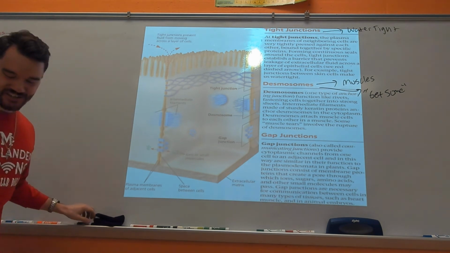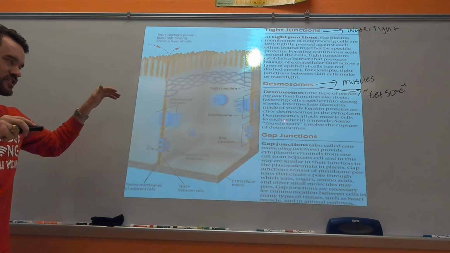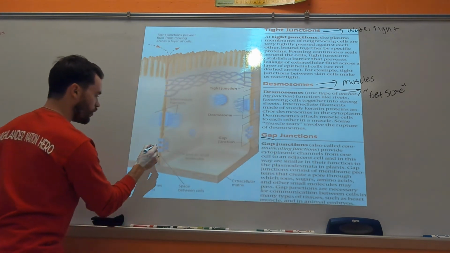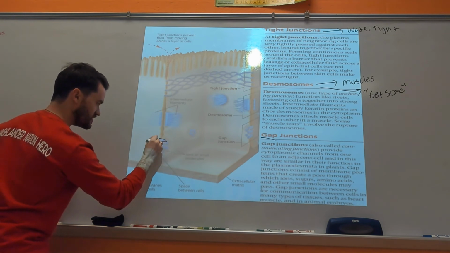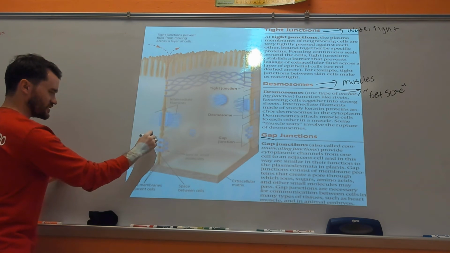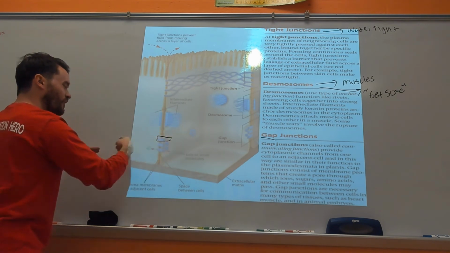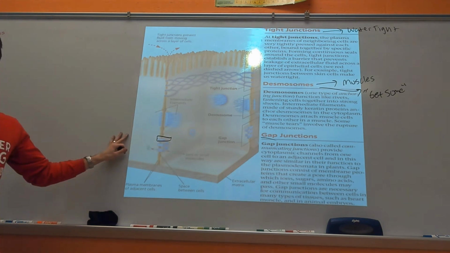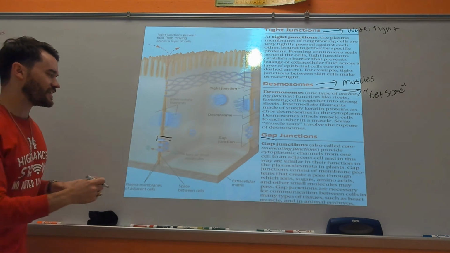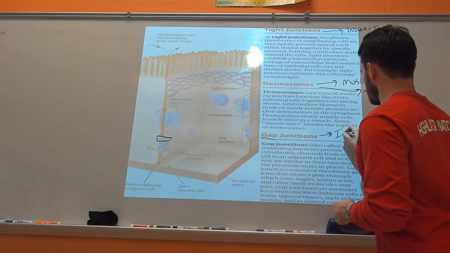All right, gap junctions. Gap junctions are completely different from tight junctions and desmosomes. With gap junctions, there is a gap, a little hole that you see here. If I was better at drawing, it's a cylinder, a little hole. It's similar to a plasmodesmata, but it's between these two animal cells, and it's only going to let ions and small molecules through.